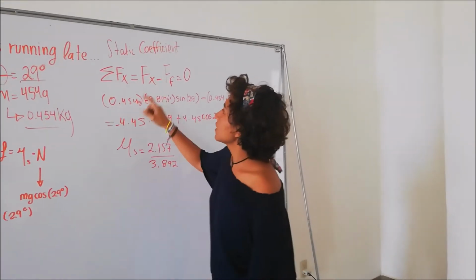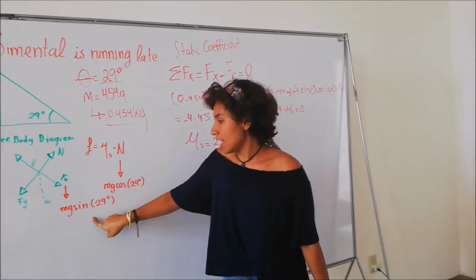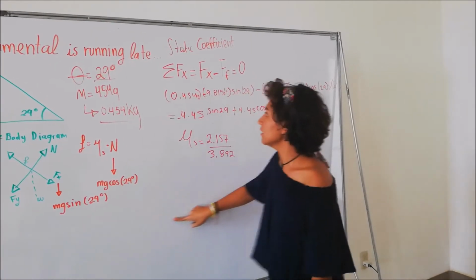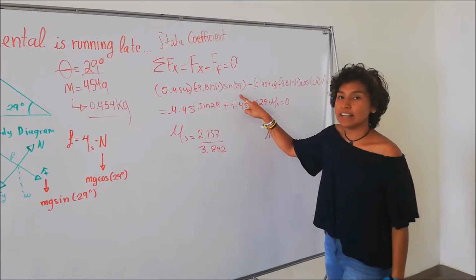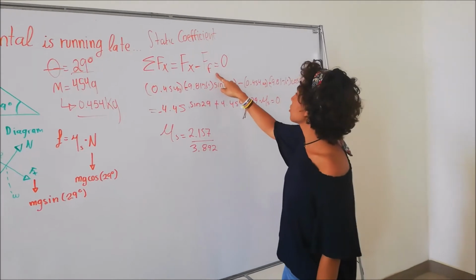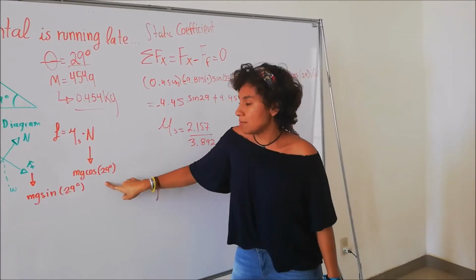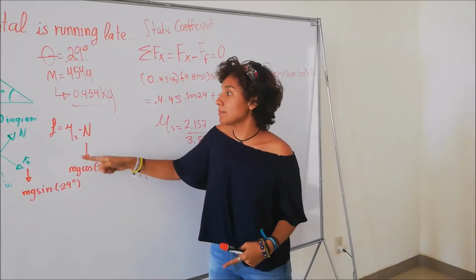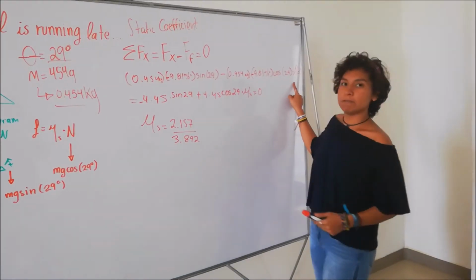We need to substitute the Fx, that is mg sine of 29, and then the force of friction is mg cosine of 29 times the static coefficient.